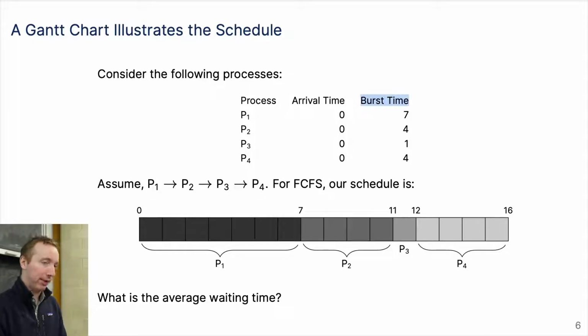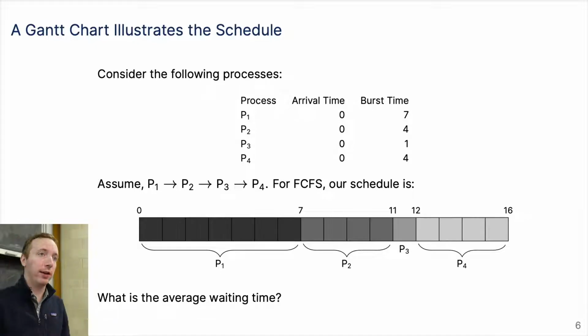Then the burst time is just how long each process takes to execute, how many time units it takes, and we're going to assume an atomic time unit of 1 that we can't divide up, just to make things easier. So burst time is also the total execution time it needs. Process 1 takes 7 time units, process 2 takes 4, process 3 takes 1, process 4 takes 4.